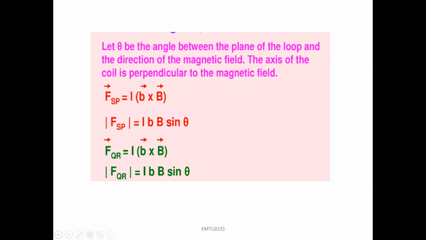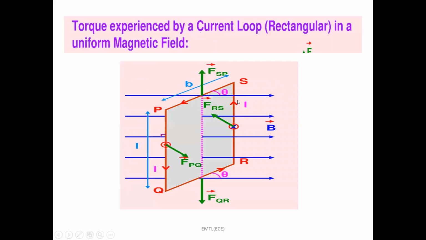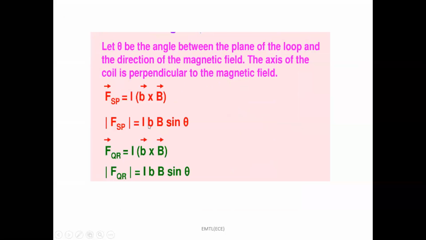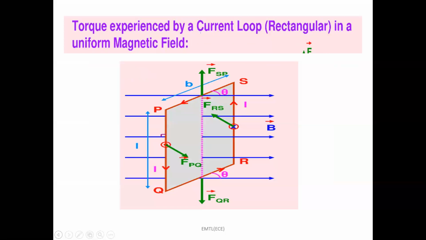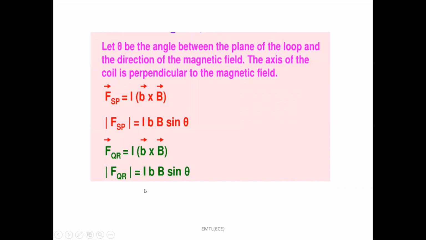When you observe, this is the SP direction, and this SP length is taken as B. Now the force experienced by this SP side is represented as I B capital B sin theta. In a similar manner, the force on QR is also equivalent, which is equal to I B capital B sin theta.